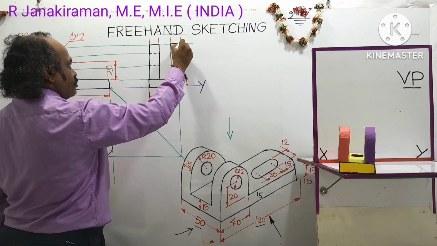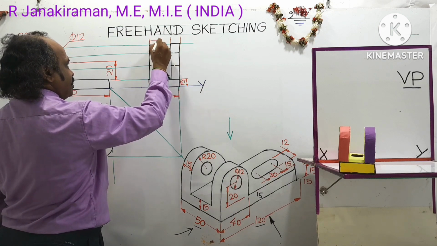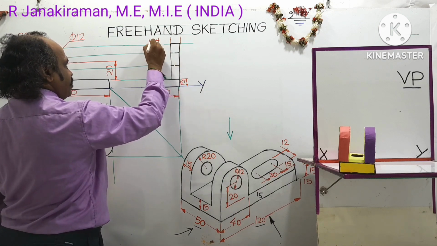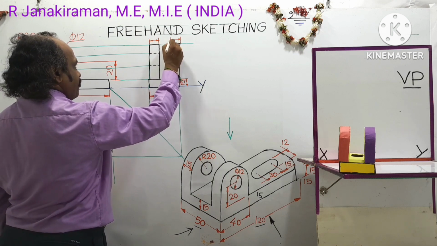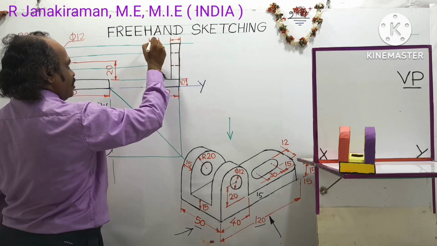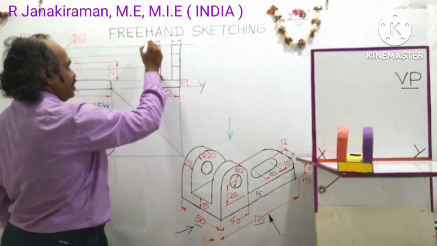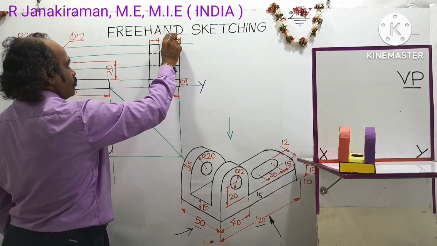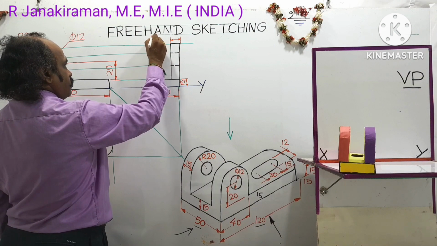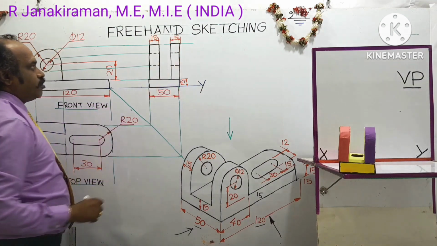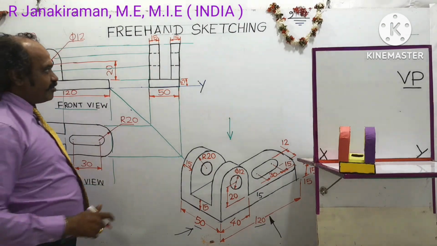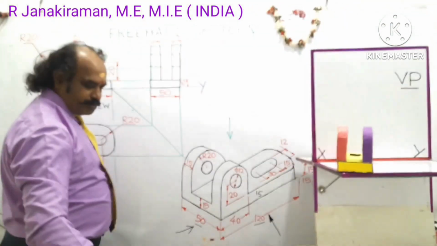Both sides will have the same size. Here 15. Similarly here, the thickness of this blue color part and red color part is 15. Okay, this completes the side view, which we call the left side view.